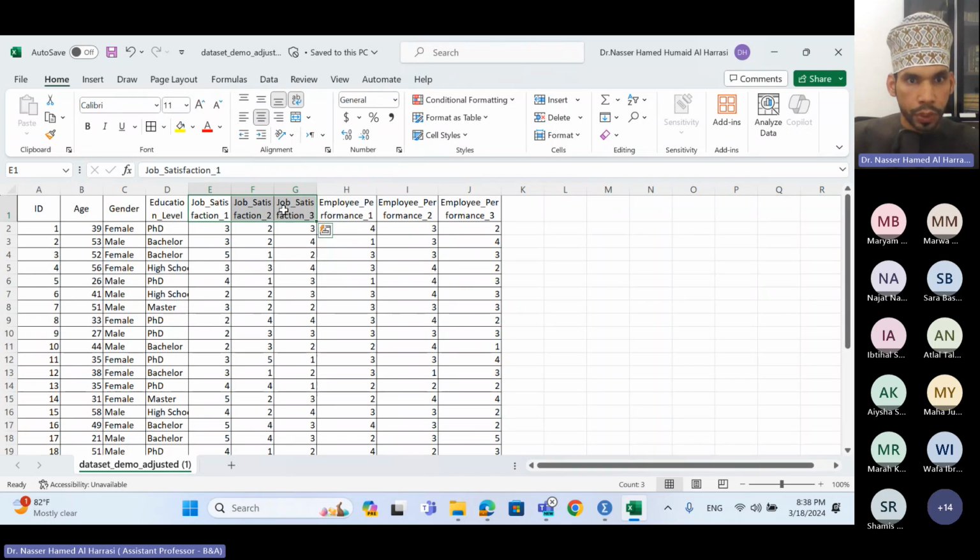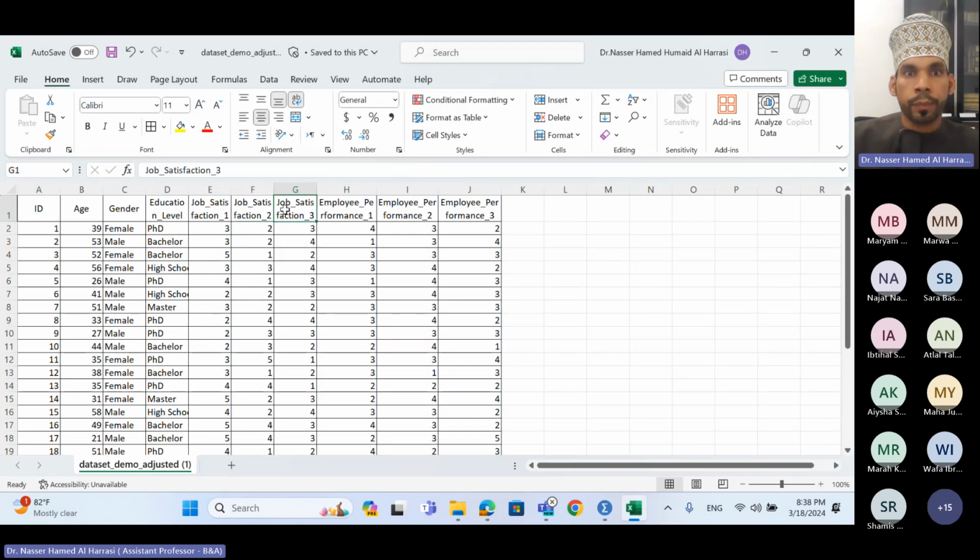Are you satisfied with the workload in your company? This is going to be the first question. Then we ask about, for example, the time. Are you satisfied with the time allocated to complete the task in your organization? So this is going to be job satisfaction item number 2, and so on.